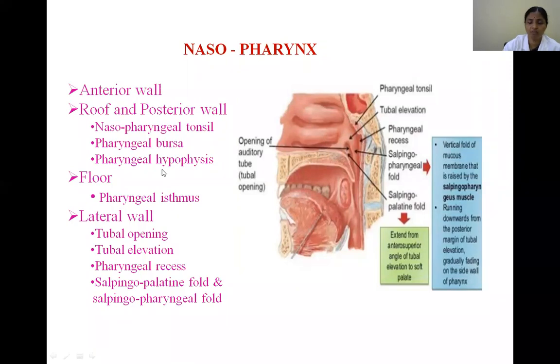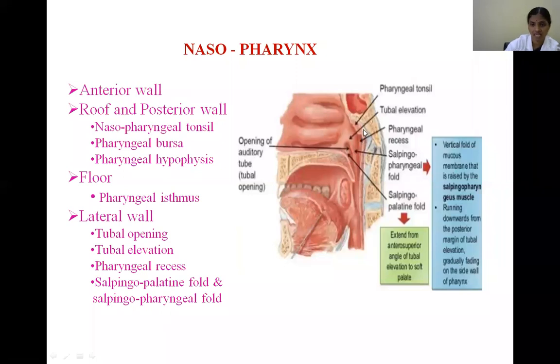Then pharyngeal hypophysis. Sometimes a glandular tissue is present on the posterior wall and may extend onto the roof. On the roof and posterior wall of the nasopharynx, we can sometimes see a glandular tissue, and that glandular tissue is histologically the same as the anterior pituitary. Because what does this glandular tissue represent here?